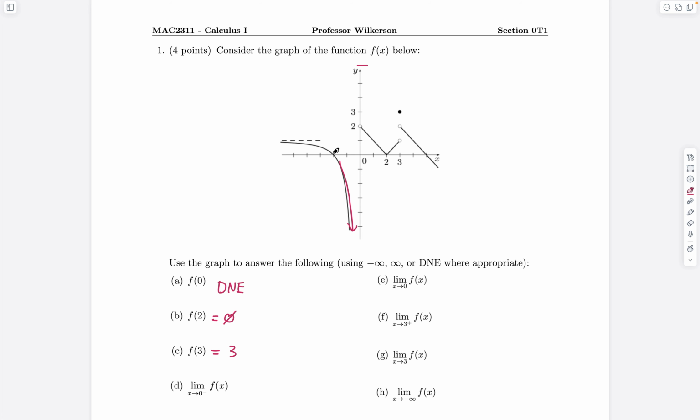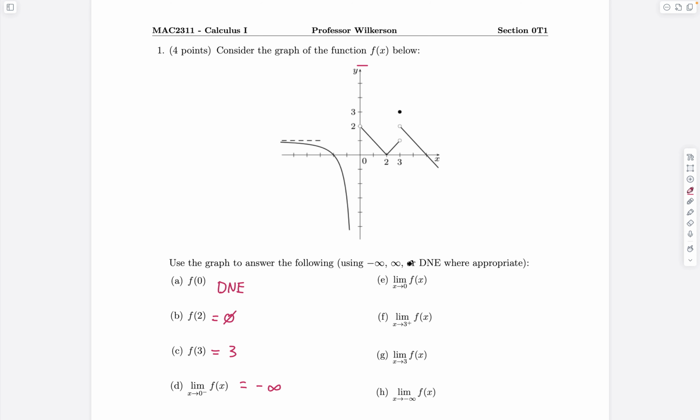You can't just step across things that are not on the function. So I follow down, down, down, down, down. It looks like I'm going way down to really big negative numbers, which we're going to call negative infinity. So the limit as x goes to 0 from the left side is negative infinity.